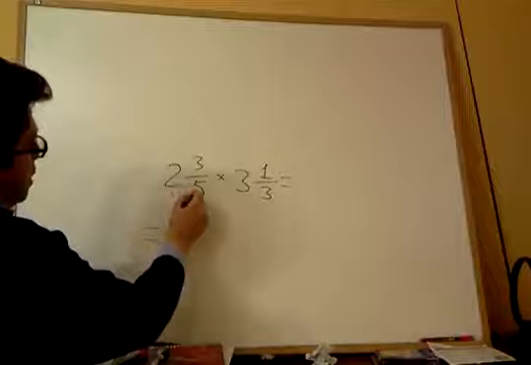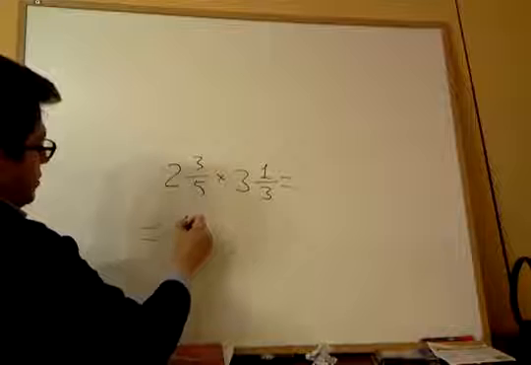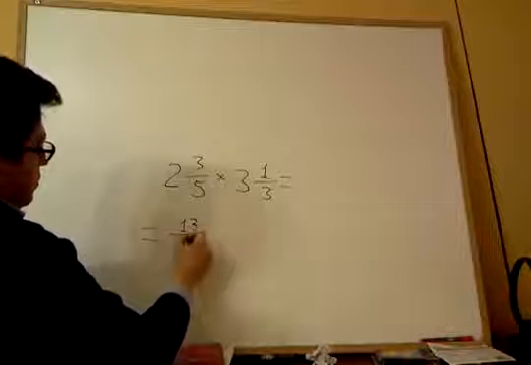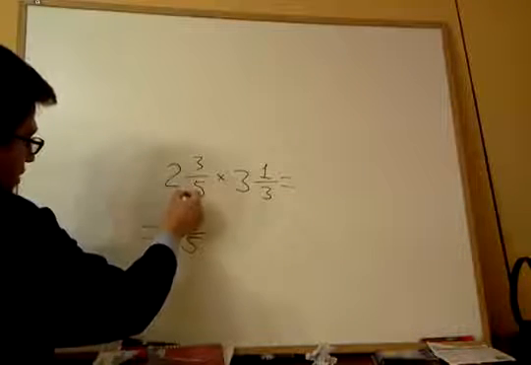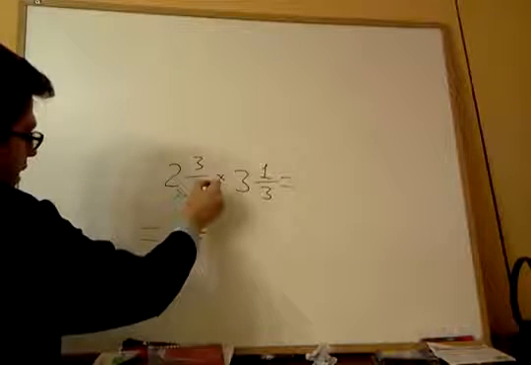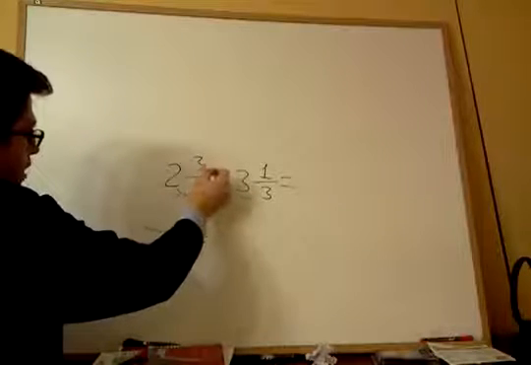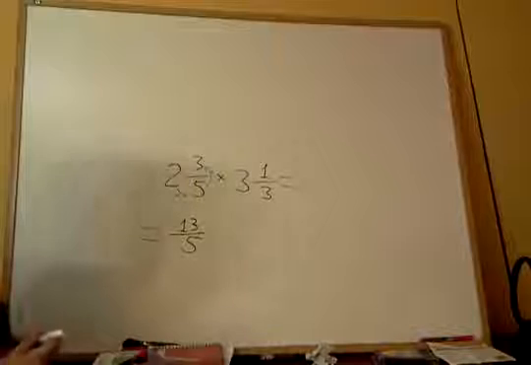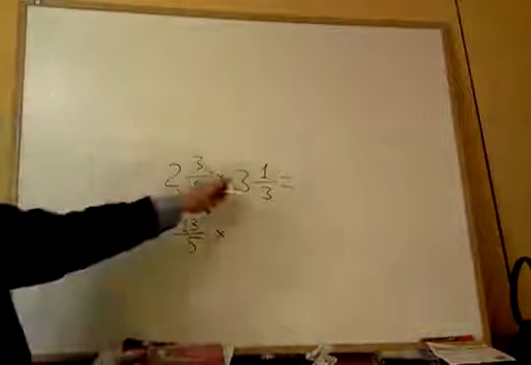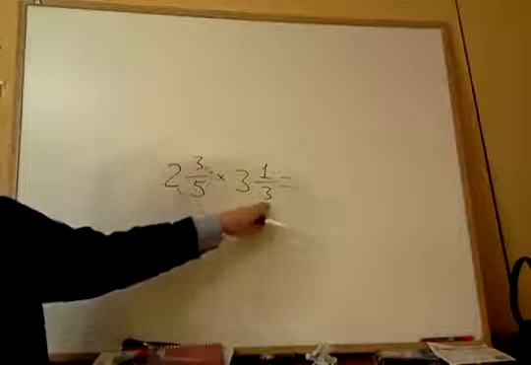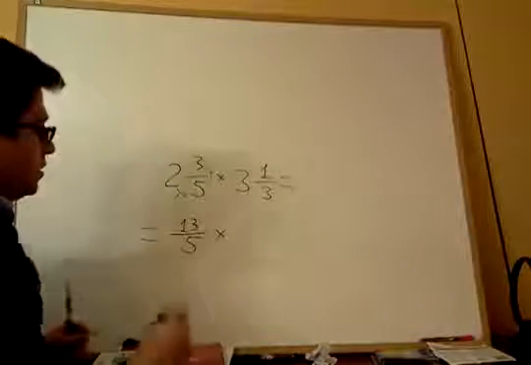2 times 5 is 10. 10 plus 3 is 13. That's how I did it. 2 times 5 will be 10, and 10 plus 3 is 13, times 3 times 3 is 9. 9 plus 1 is 10.